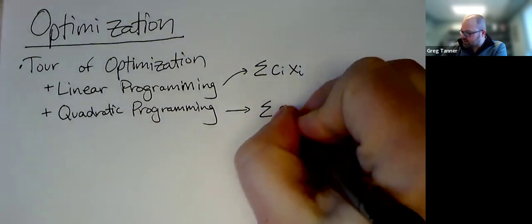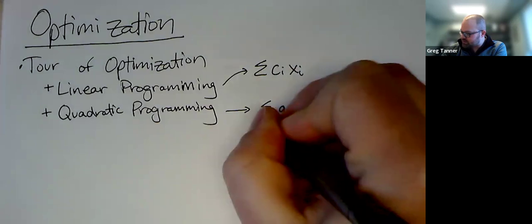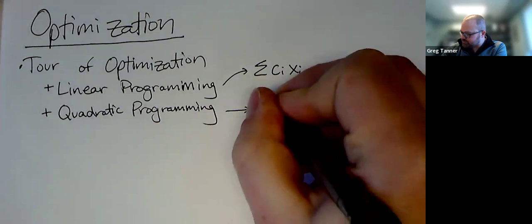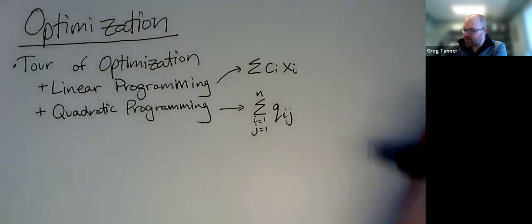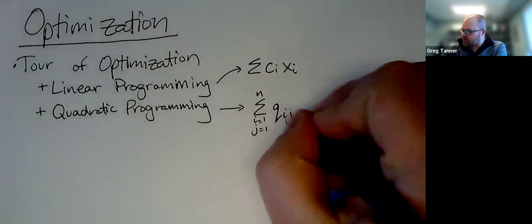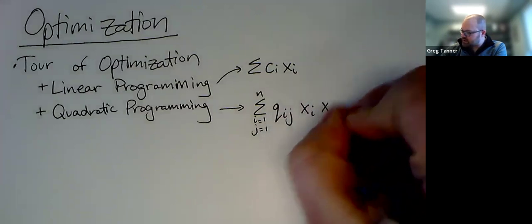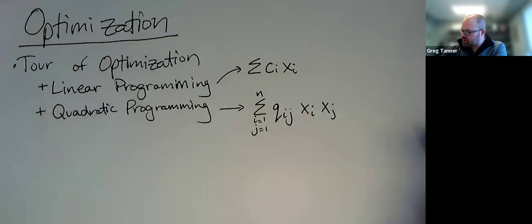And so oftentimes you'll sum over both i and j, both going from 1 to n. We'll write our coefficients as q_ij and then x_i times x_j.